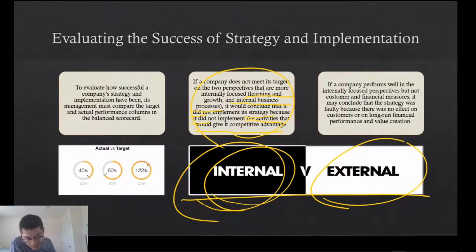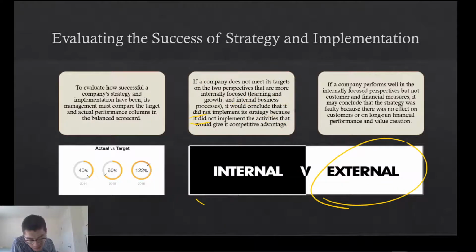What it means is that if we're really not seeing anything improved in learning and growth and internal business process, that means we didn't change very much in terms of our business operations, employee training, employee quality and operations efficiency, right?